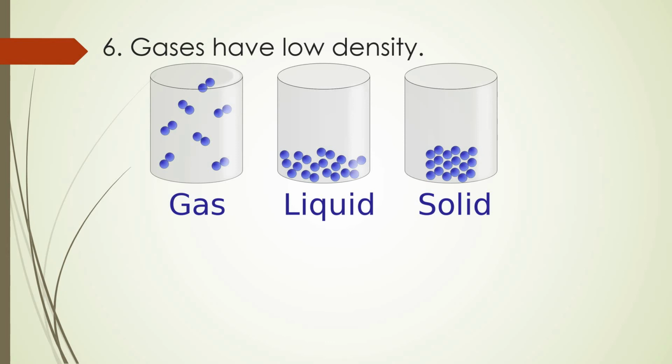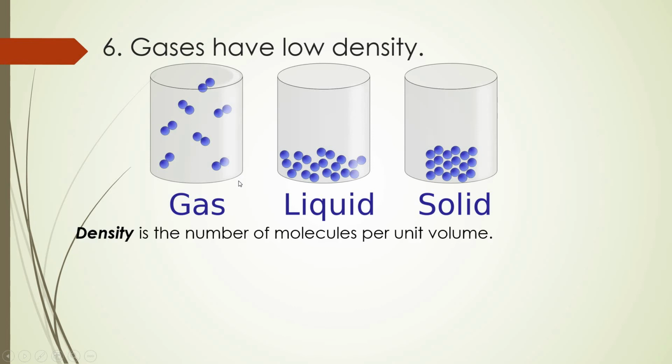In liquids, particles are a little far apart, therefore their number of particles per unit area is a little less compared to solids. And in gases, the molecules are very far apart from each other, as a result of which the number of particles per unit area is very less compared to solids and liquids. Hence, gases have low density.